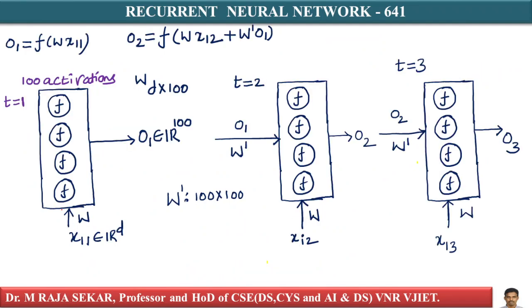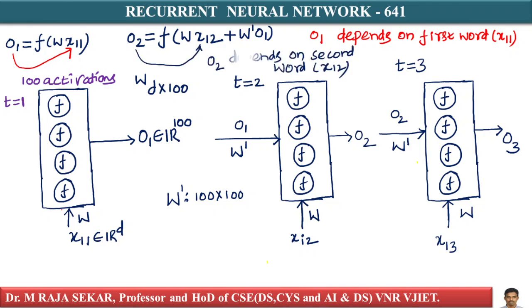Just see here. I am redrawing things. What is my O1? O1 is f of w x11. Your O1 depends on the first word x11. What is your O2? F of w x12 plus w dash O1. What does it mean? O2 depends on the second word and the output from the first word.